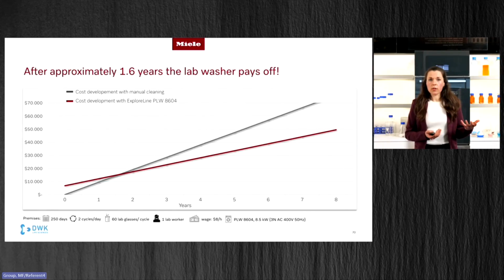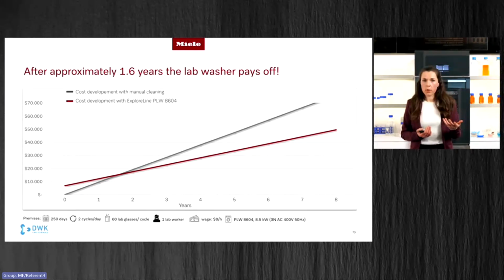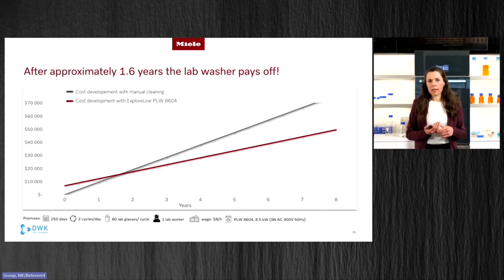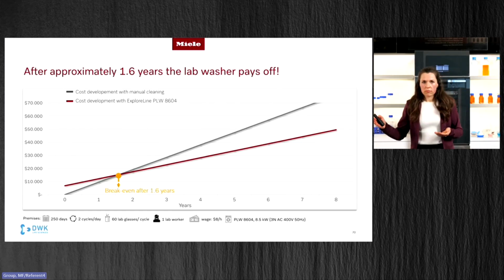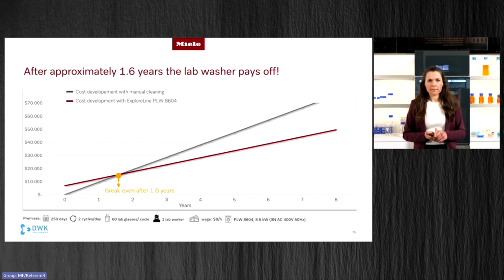But once installed, the operating costs rise much slower, thanks to lower personnel costs and resource costs. The two lines cross at about 1.6 years, meaning the investment pays off in less than 2 years and continues to save money over the product lifetime.